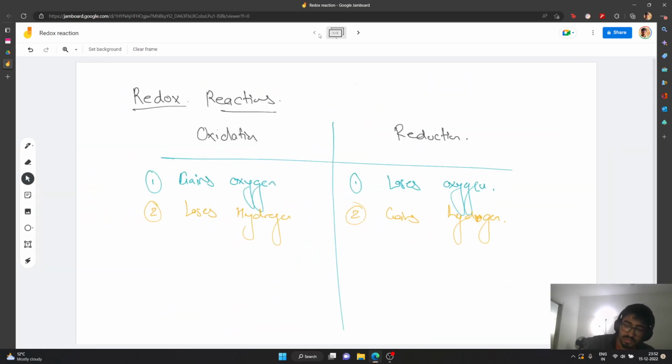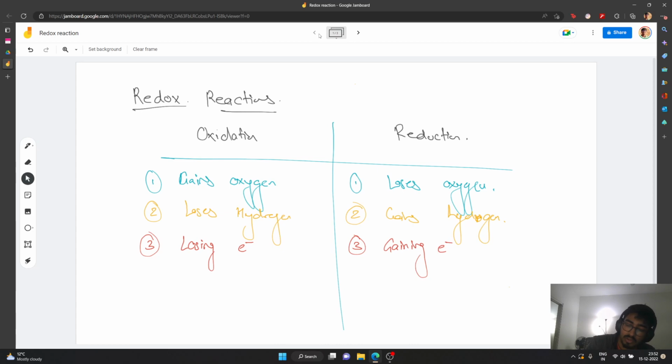We have broadened our definition of oxidation and reduction to include more things. Let's broaden it now even more. Now we talk about oxidation as losing electrons, and reduction as gaining electrons, right?